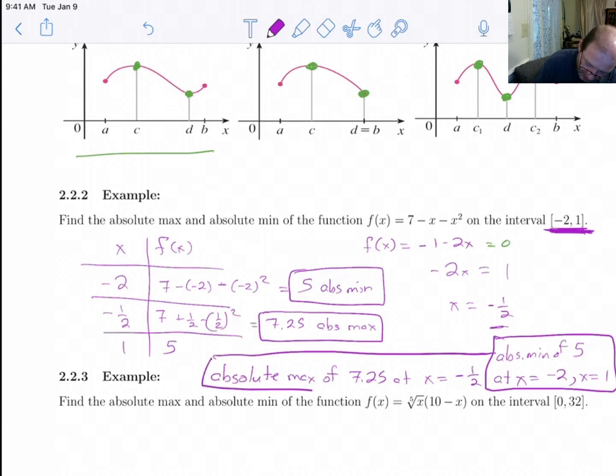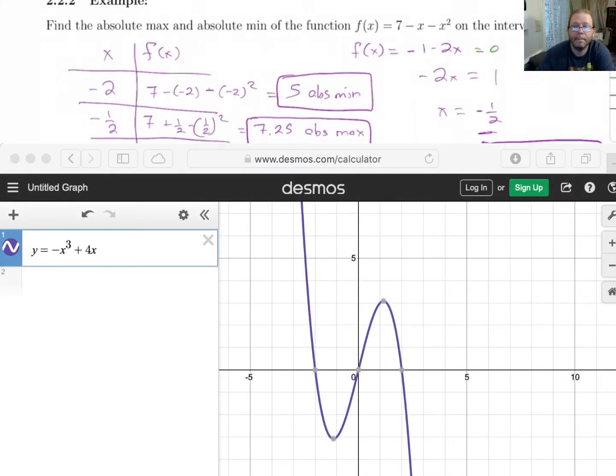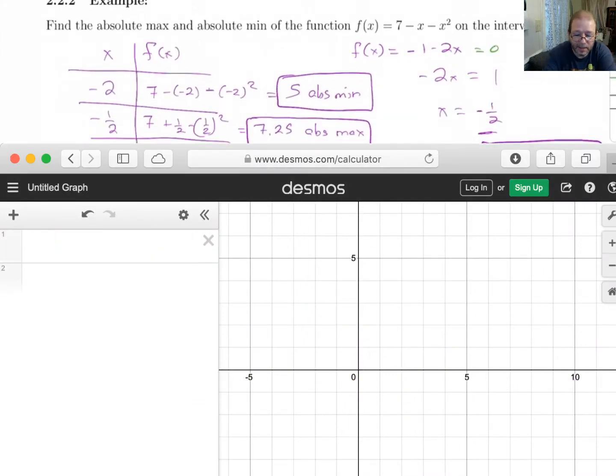That's probably how I would write my answer. You could also write them as points if you wanted to. But let's look at this: 7 minus x squared.